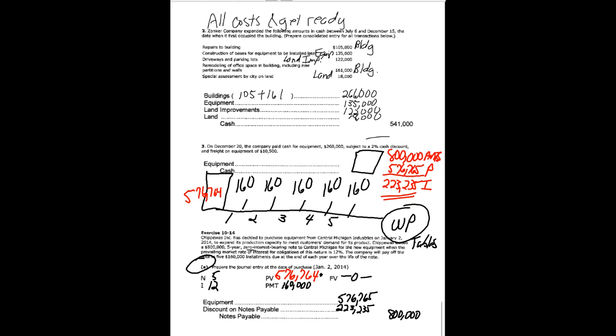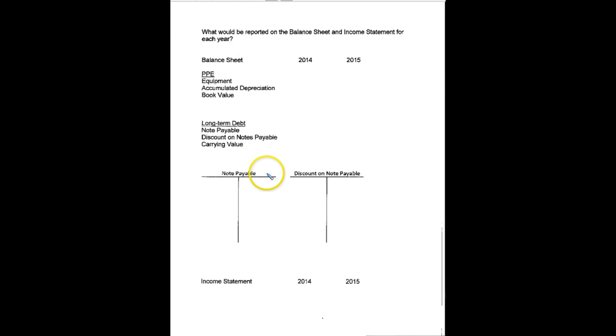Okay, let's go to the next page. Actually, let's go to the one after that, and let's go to notes payable and post that $800,000. And then the discount is a contra liability. And let's put our $223,235 in there.